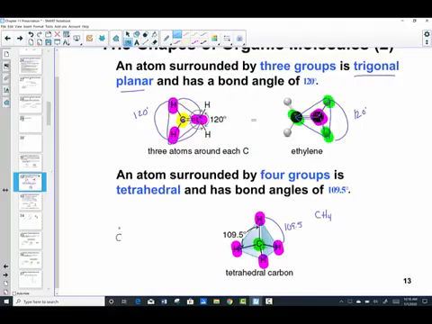Notice it's very different. If we've been drawing methane such as this, we might be fooled into thinking that this is a 90-degree bond angle. And clearly it's not, because the VSEPR theory tells us we want to maximize angles between all atoms around that central carbon atom.